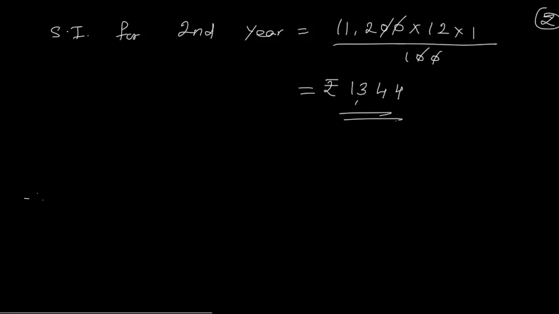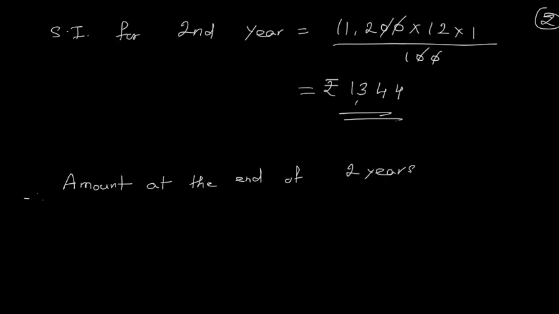Okay, so therefore amount at the end of 2 years will be equal to 11,200 plus 1,344. 0 plus 4 is 4. 0 plus 4 is 4. 2 plus 3 is 5. 1 plus 1 is 2 and 1.